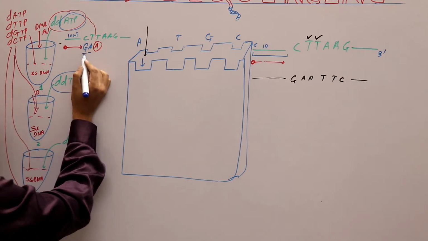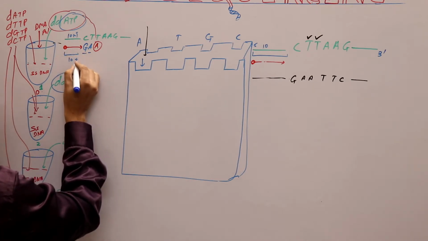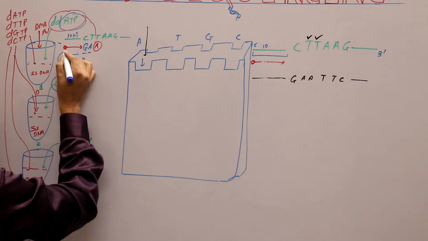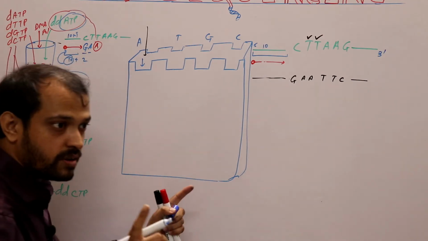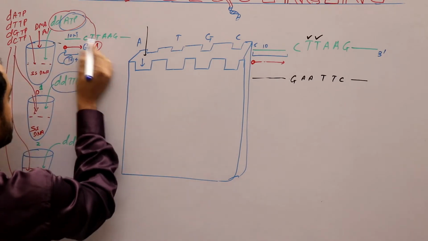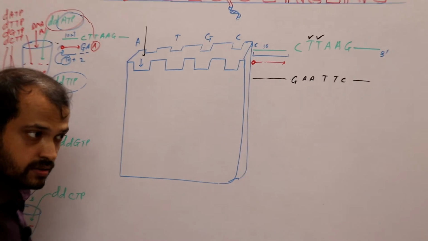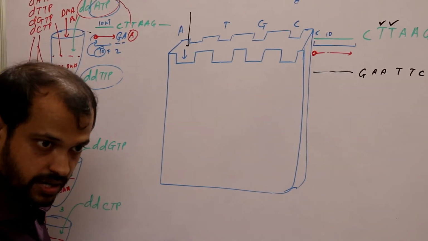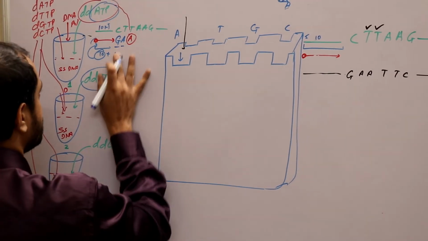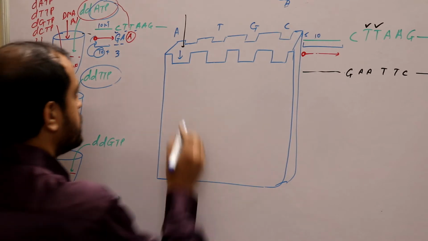That means there will be 10 plus 2, where 10 is coming from this primer. That means 12 nucleotides long. The sequence of this particular portion is 12 nucleotides long, right? Right or wrong? No, it is 13. 1, 2, 3, 13. Okay, 13 nucleotides long.